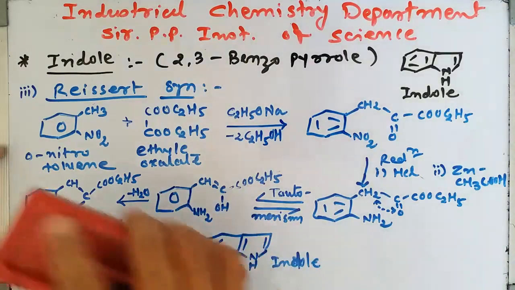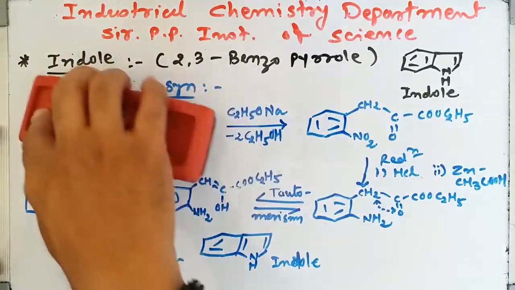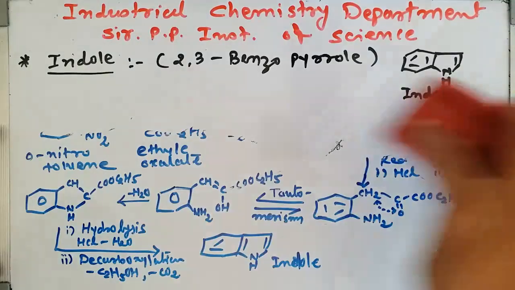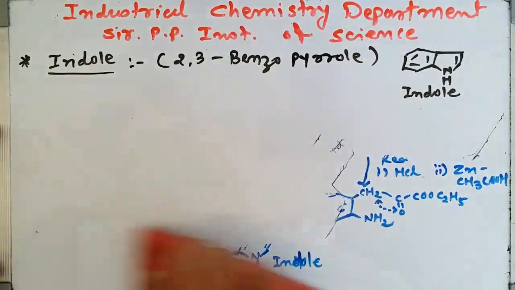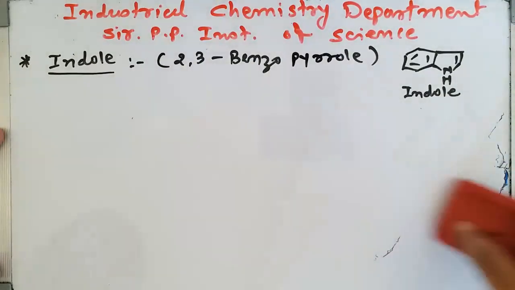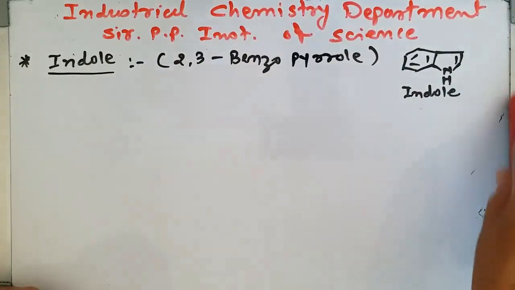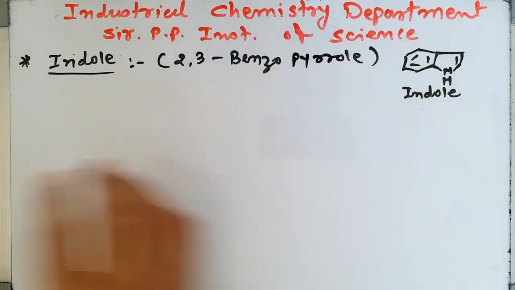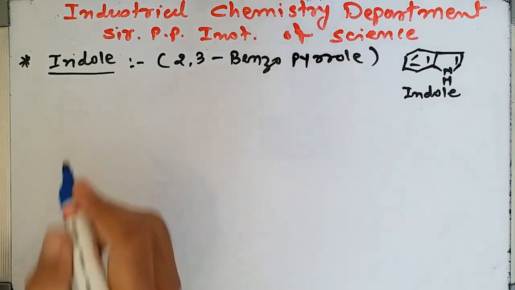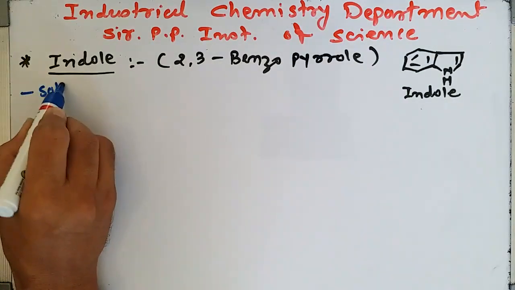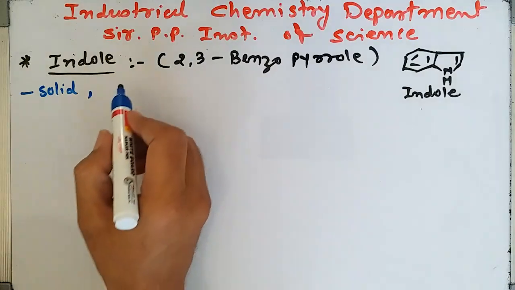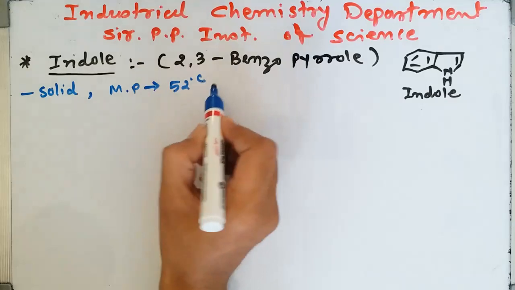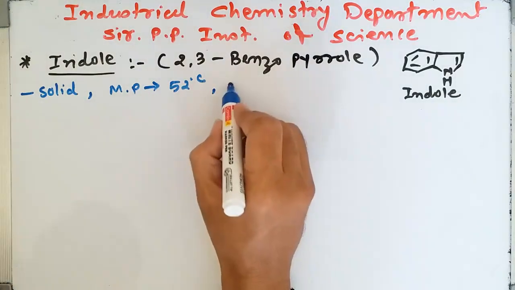Now we see the important properties of indole, both physical and chemical, and then we complete our lecture today. So first of all we see the properties of indole. It is a solid compound having melting point 52 degrees Celsius.